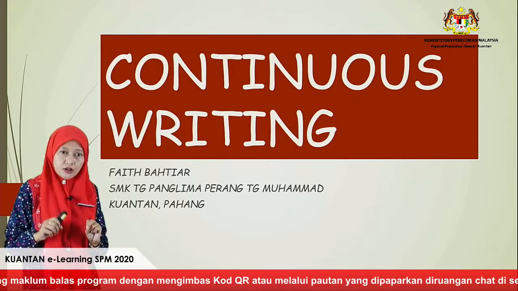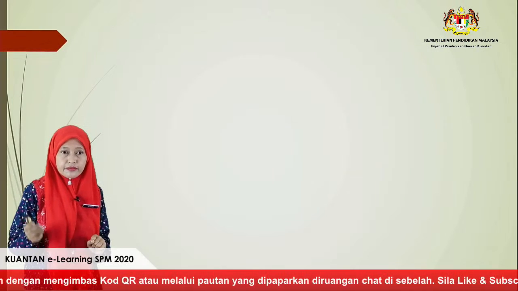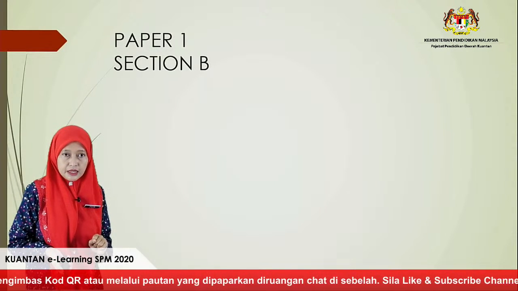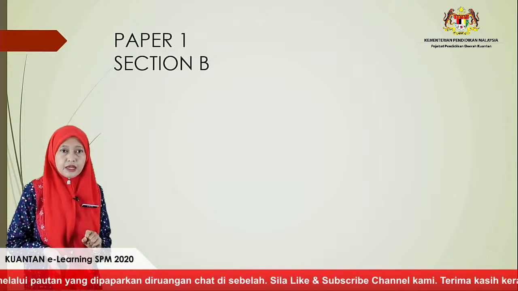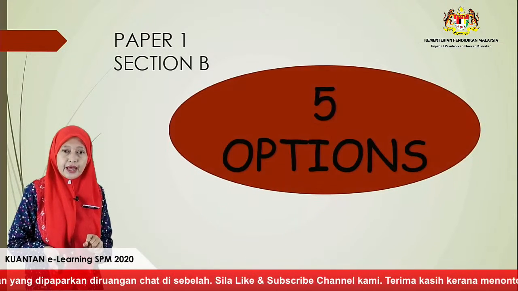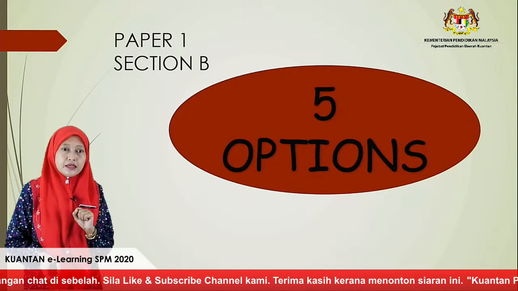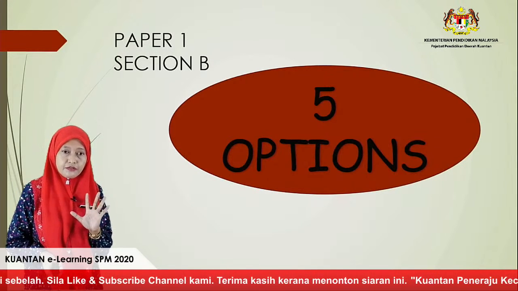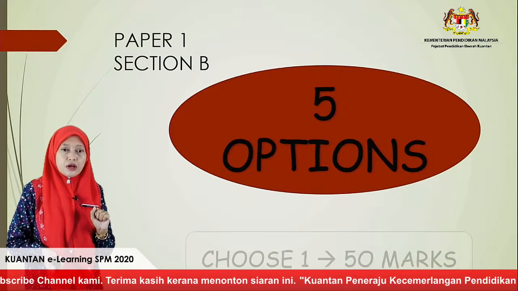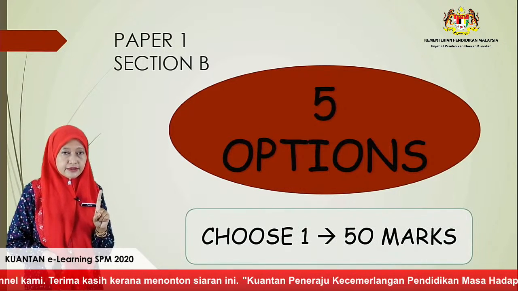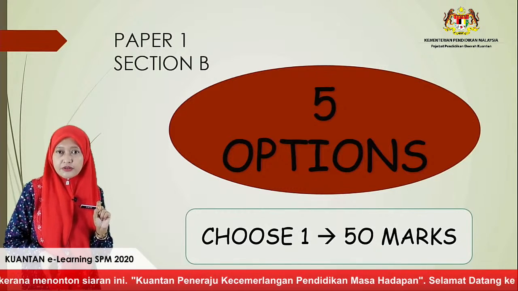Okay, continuous writing. Continuous writing is in paper 1, section B. You have 5 options, meaning that you will be given 5 different questions, but you choose only one. Okay, it is such a relief, right?